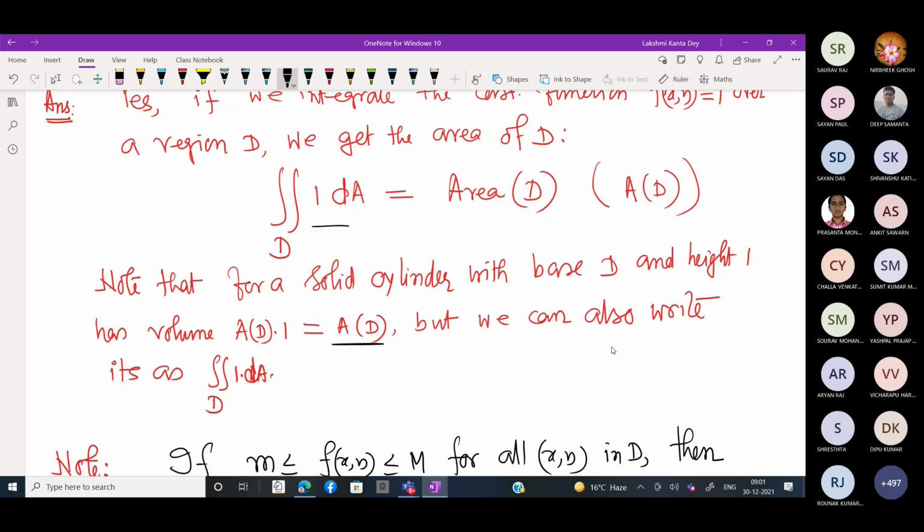But we can also write its volume by the interpretation of double integration. So in both ways, we say the same thing.